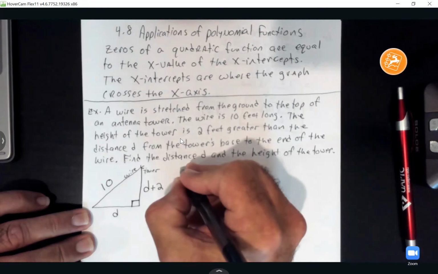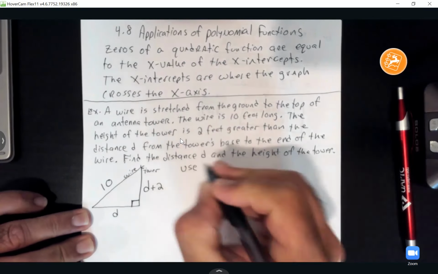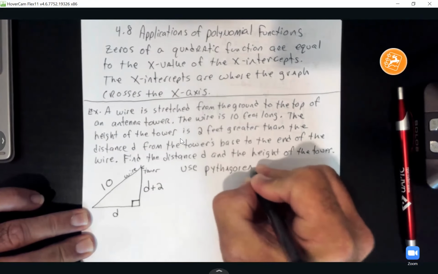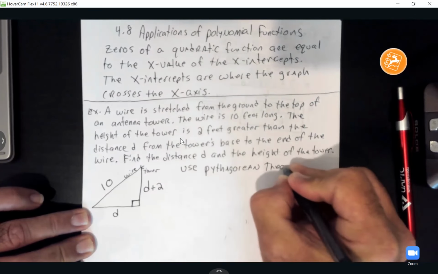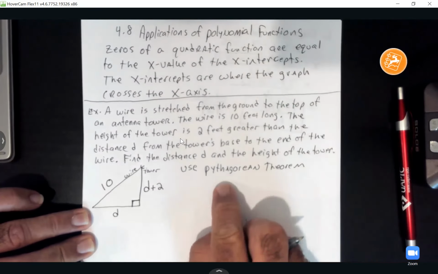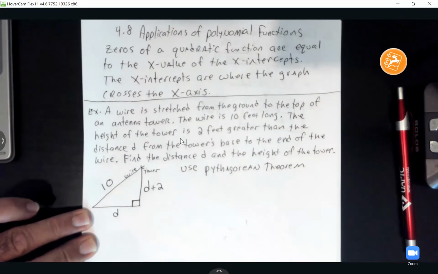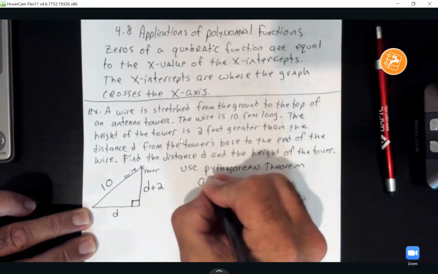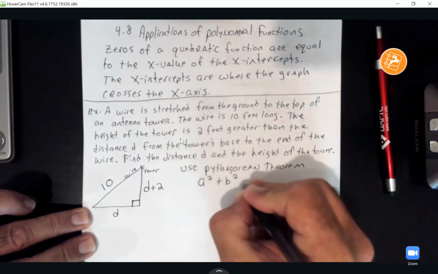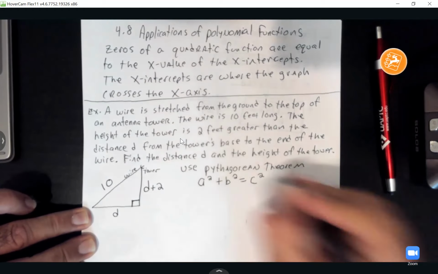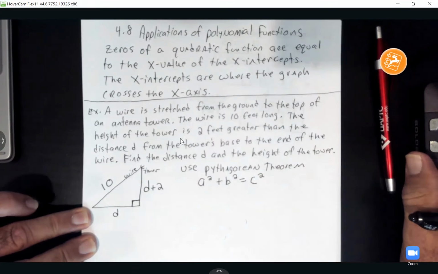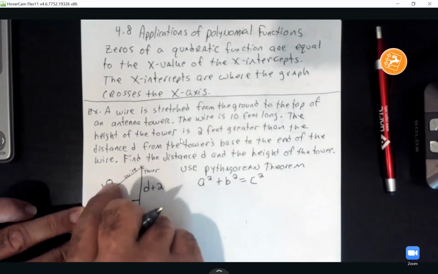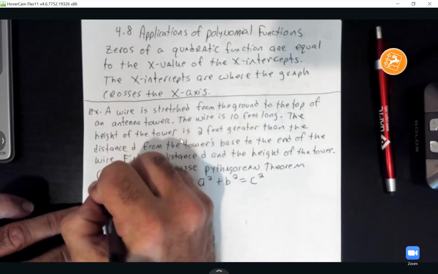For this one, I'm going to use the Pythagorean theorem. Do y'all remember the Pythagorean theorem? A squared plus B squared equals C squared. The only stipulation is that the C squared side has to be the longest side.